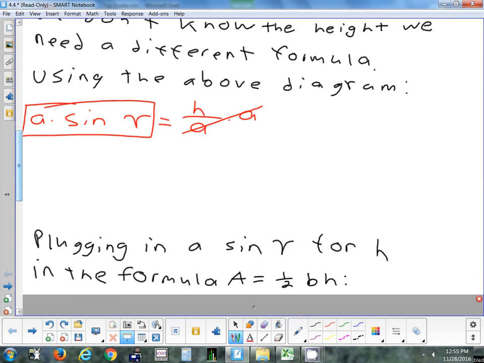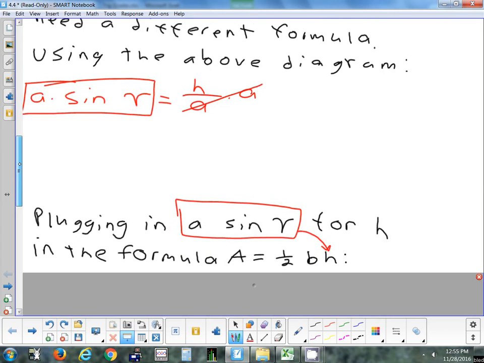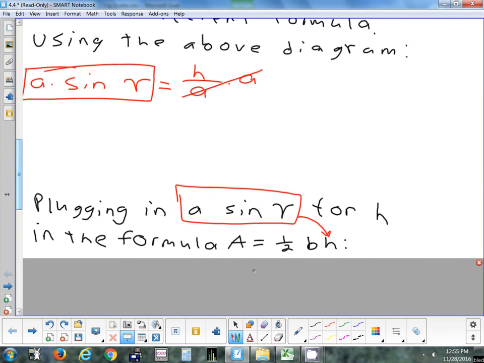So what I'm going to do is plug A sine gamma, that's what I just found the height equals, in right there for the height. Leave the 1/2 and leave the B. That's going to give me a new formula for the area of the triangle.